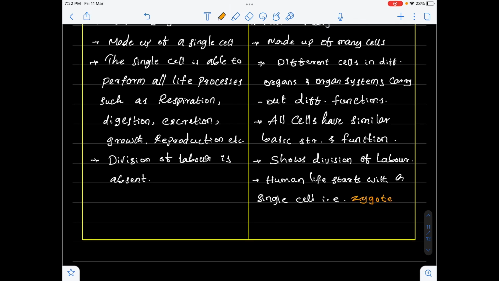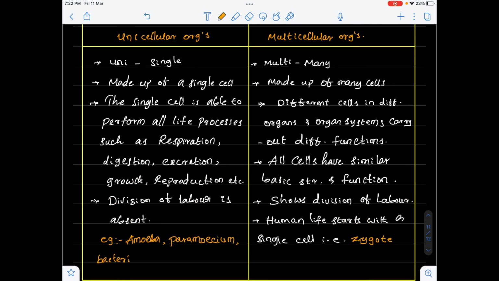Now let us take examples. First let me write examples of unicellular organisms like amoeba, paramecium, bacteria, euglena, chlamydomonas. It is a unicellular algae. Yeast is a unicellular fungus. Whereas amoeba and paramecium, these two are unicellular protozoans.